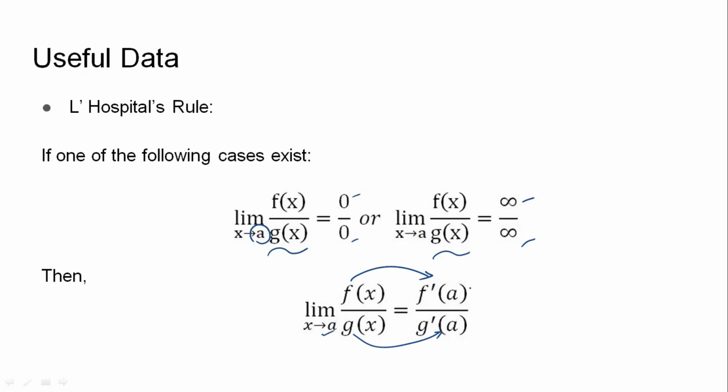In case f dash a by g dash a also comes out as 0 by 0 or infinity by infinity format, so in that case we will differentiate it once more and then we will substitute the value of the limit to get the answer.